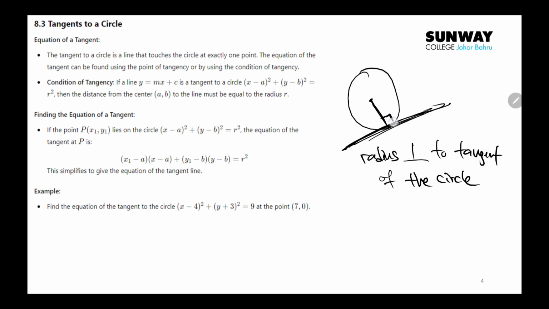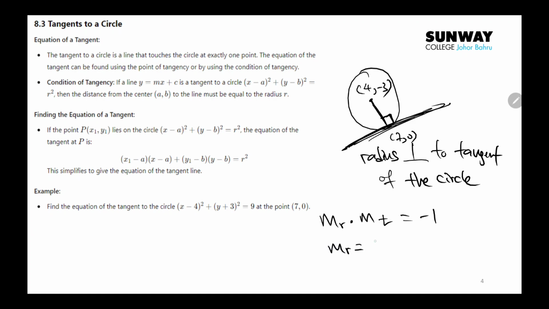So now you will have this 90 degrees between the radius and the tangent. Why is that important? Because you will be able to determine the center, and you are also told where this point is. So you can find the gradient of the radius. The gradient of the radius multiplied by the gradient of the tangent equals -1.